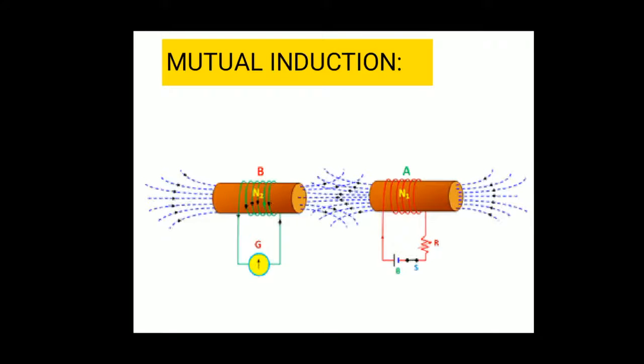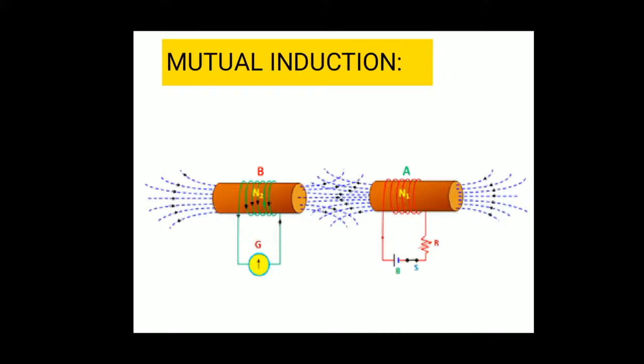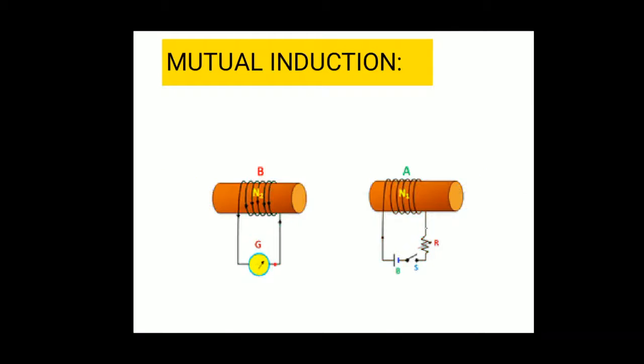The coil A is connected to a battery in series, and also it is connected to a tap key or switch, right? So the coil A is called the primary coil. And the coil B, which is called the secondary coil, is connected to a galvanometer.